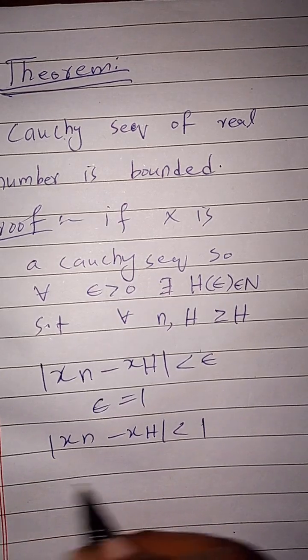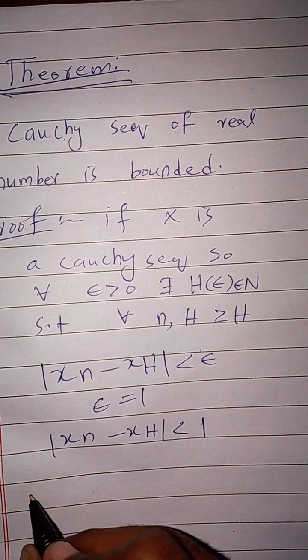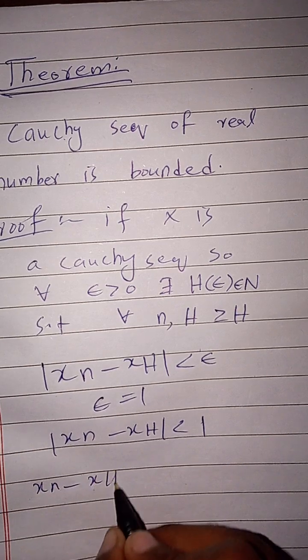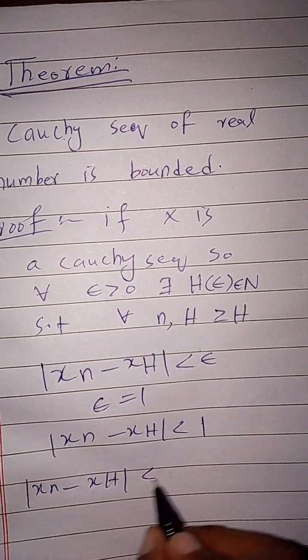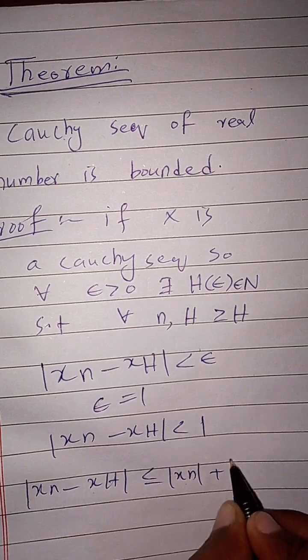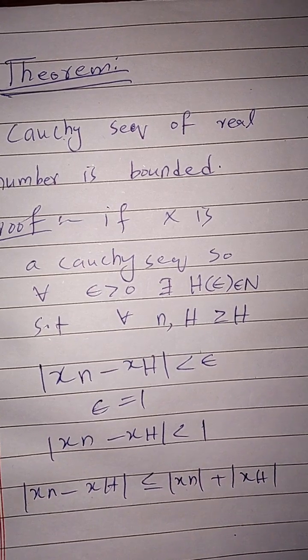and also we can write that the modulus of xn minus xh is less than or equal to mod xn plus mod xh.